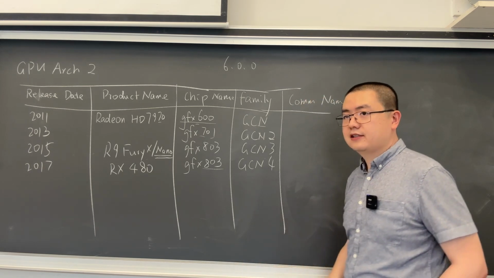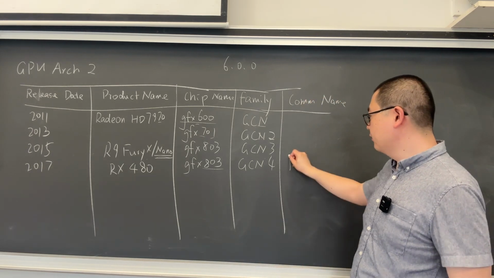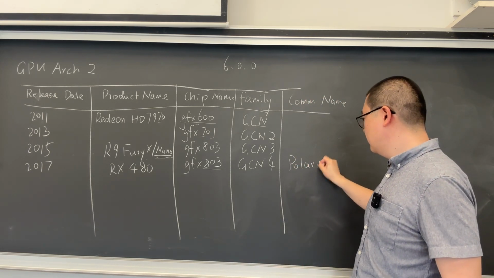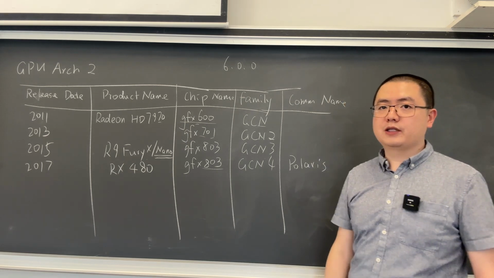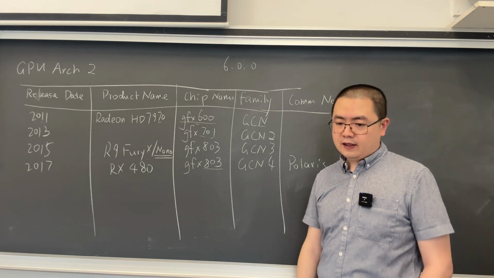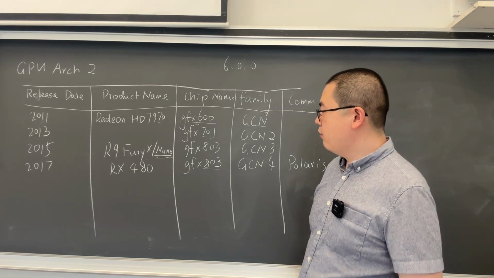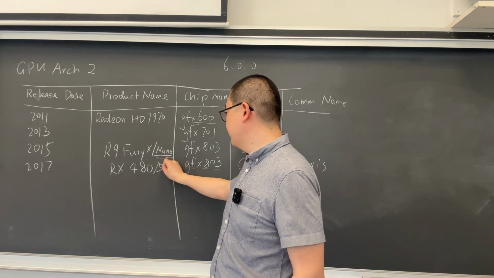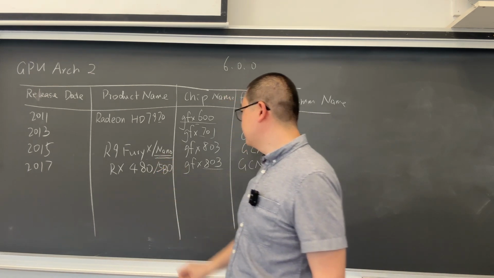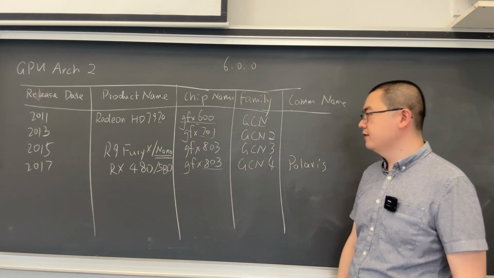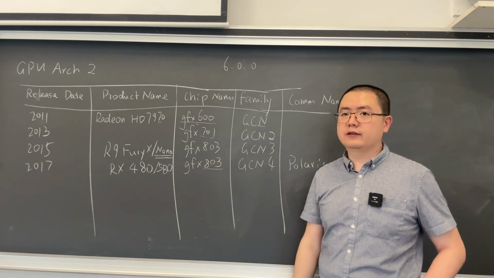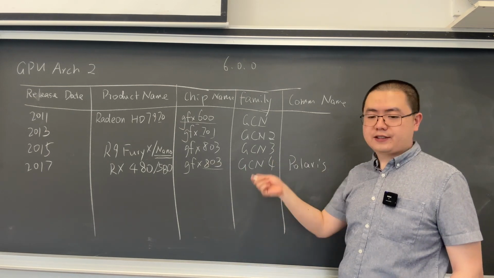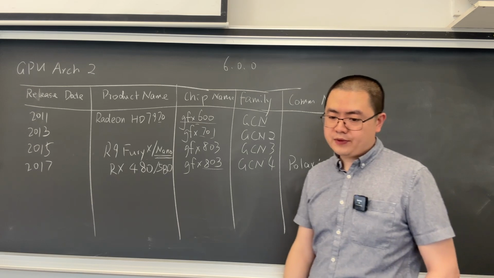And by that time, they start to have this product name called Polaris. Before that, they don't really have this commercial name. Then GCN4, and there's another one called 580, and it's also GFX 803, just a slightly more powerful one. And they still sell it as another product.